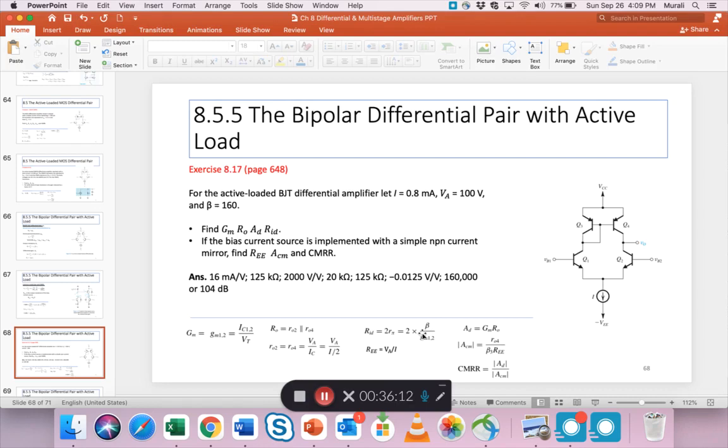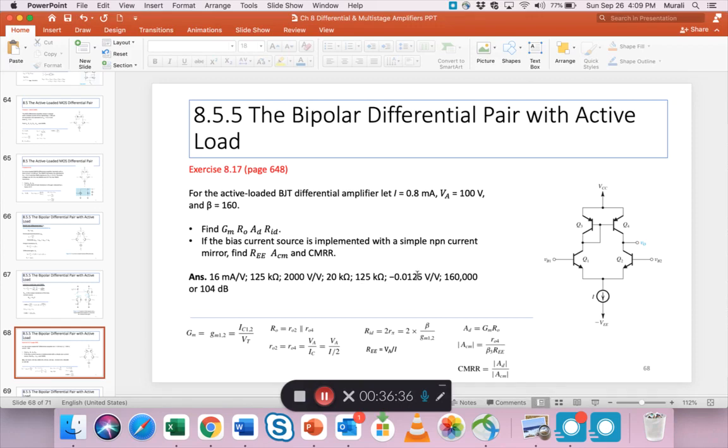Otherwise, I feel everything else pretty much is similar. Instead of calling it ID or I drain, we call it IC or I collector. And we still use I collector as half of bias current I. So you should not find anything too different between MOS and BJTs in this case.